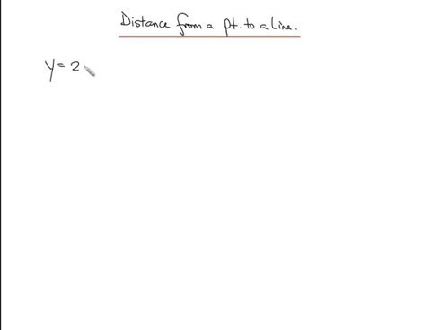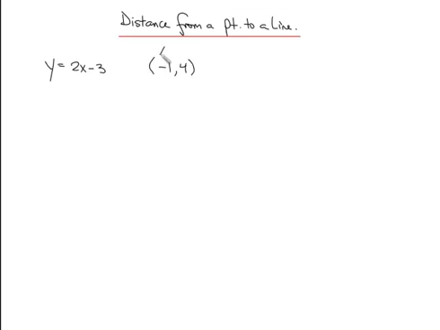So, distance from a point to a line. Let's say we have the line y equals 2x minus 3, and we have a point (-1, 4).